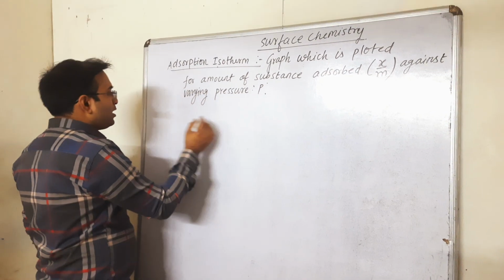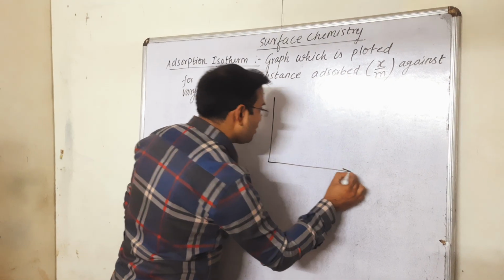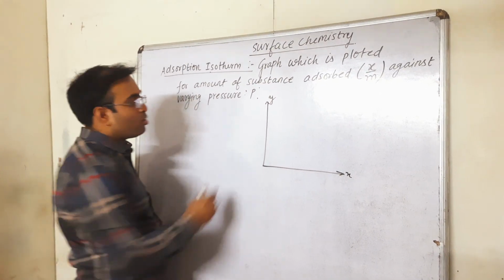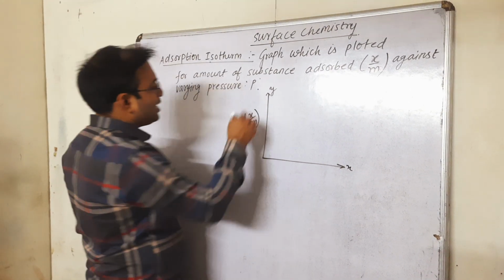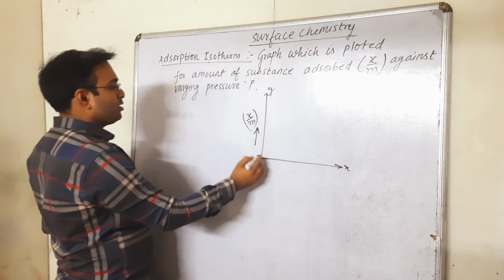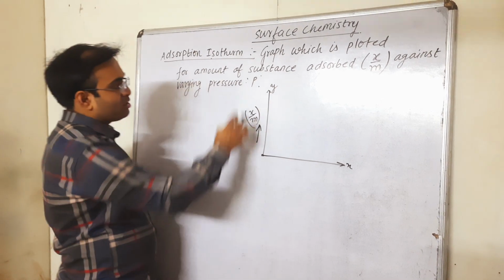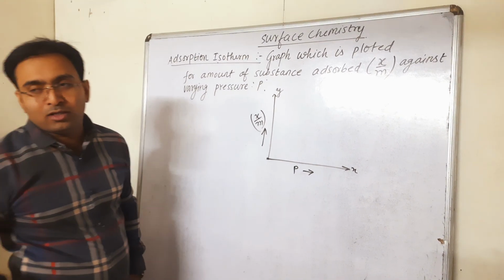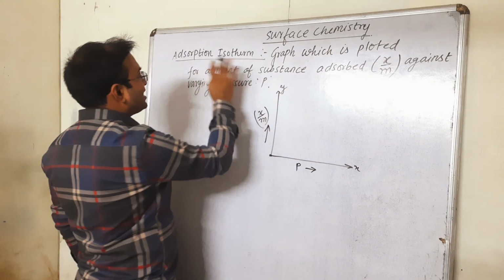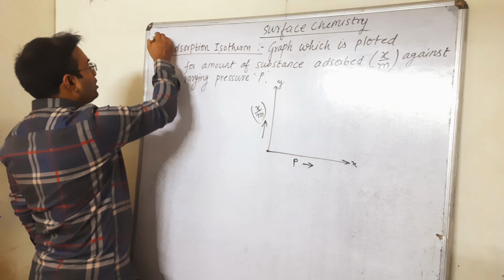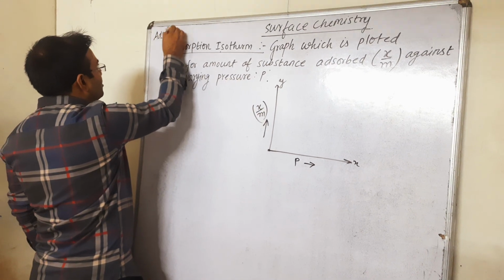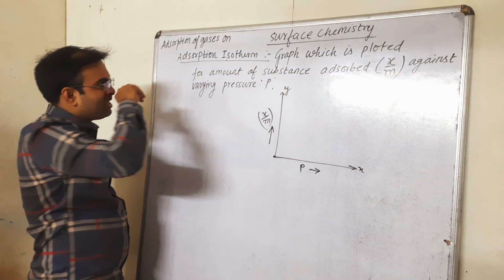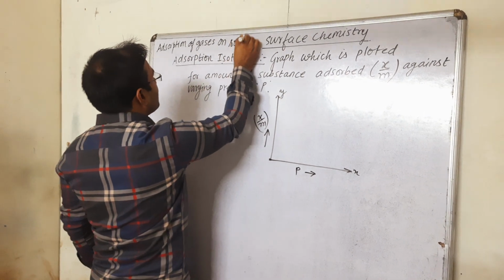My graph will look something like this. This is your x axis, this is your y axis. On the y axis I can show the amount of adsorbed substance, this is x by m, which is increasing from the origin toward the arrow, and from the origin toward the arrow the pressure is increasing. Let me tell you, in your chapter only the adsorption of gases on solid is being discussed.